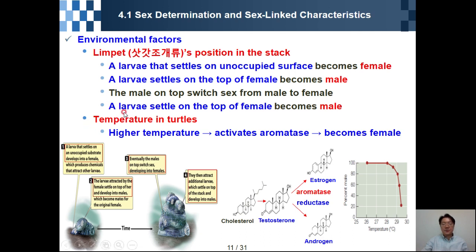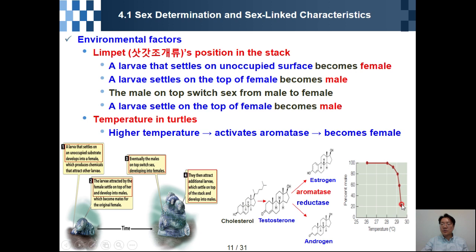How about temperature? This phenomenon happens in turtles. At higher temperatures, nearly more than 80% of offspring become female; around 29 degrees, about 60% become female.